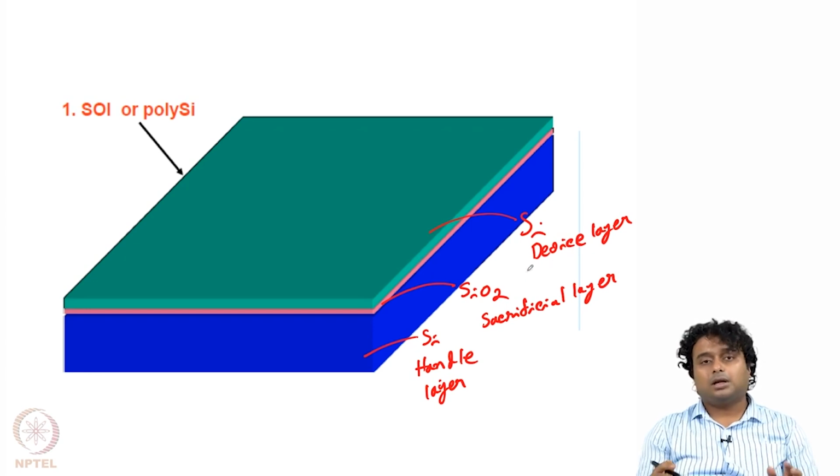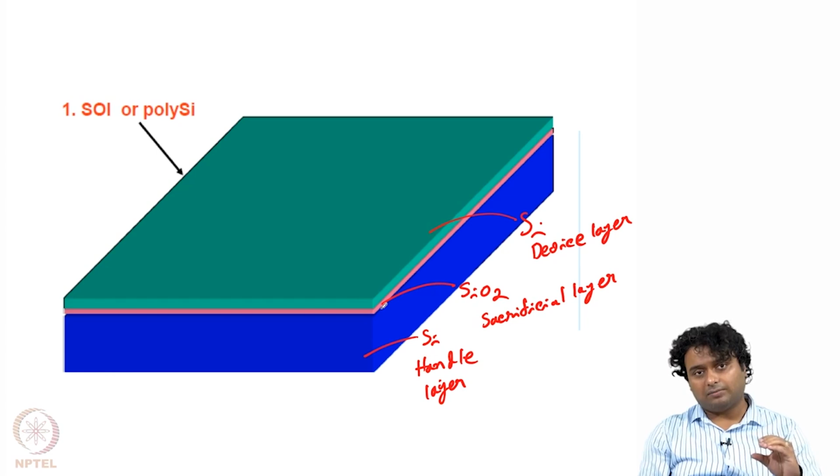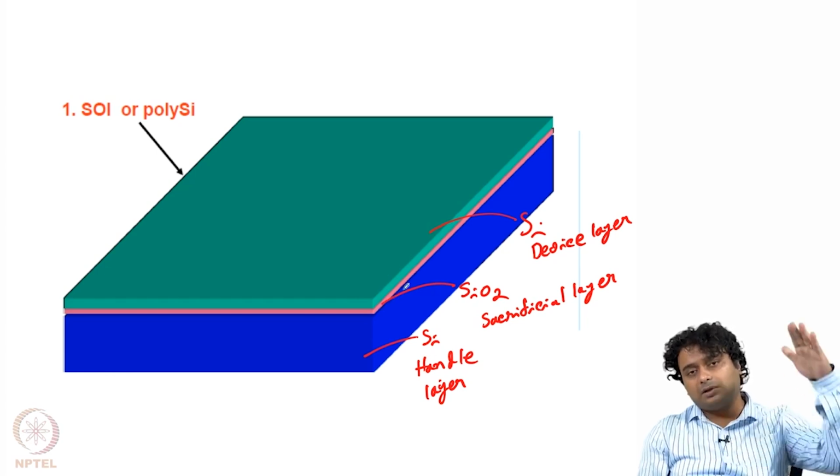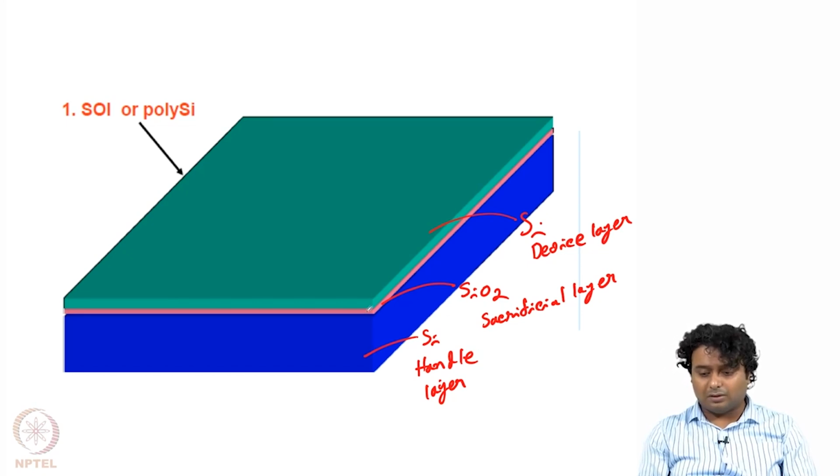Whereas on the bottom silicon we can grow silicon dioxide, and then from the top we bond another silicon wafer completely, and then we etch from the other side. Let us say this one was 500 micron, this is 1 or 2 micron, and the top was also about 500 micron.